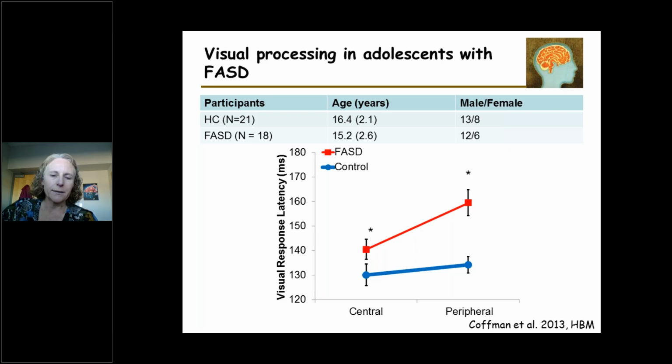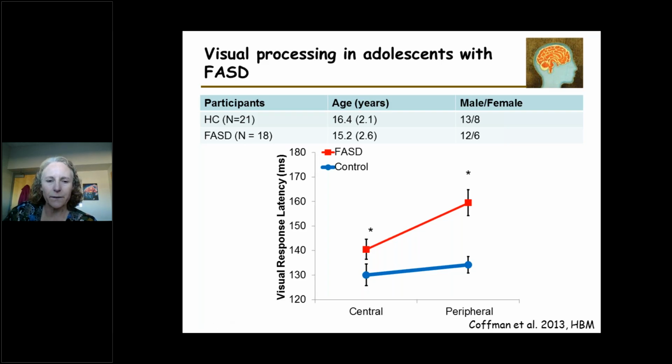And again, similar to our auditory responses, we also found that there was a delay in the response in kids with FASD. So this is presented slightly differently. Now we have the latency here on the y-axis, and we have two different stimuli conditions: the central stimulus, which is just when you're first fixating, and then the peripheral stimulus, which is the target that you're supposed to saccade to.